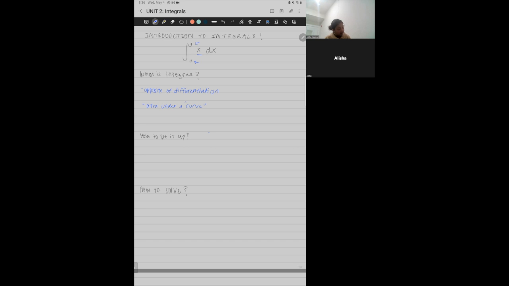That means if we graph the function here on a basic y-x plane, we want to graph this function x from the lower bound of 0 to the upper bound of 3. We have 1, 2, 3. 1, 2, 3.